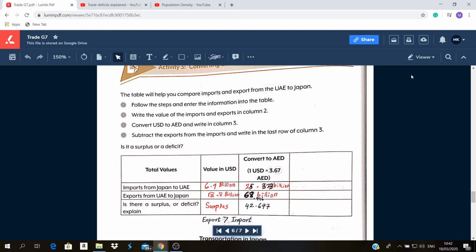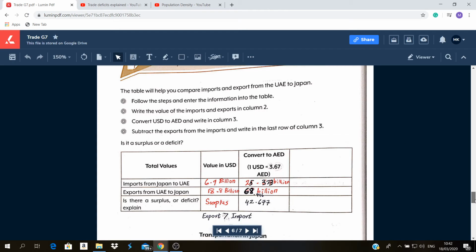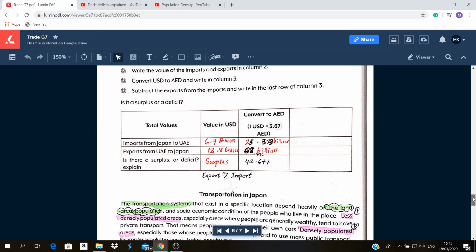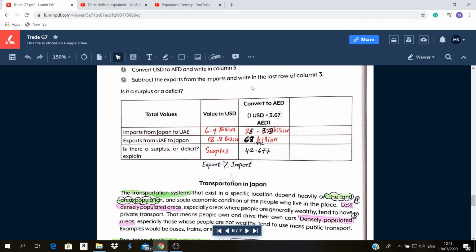Okay, now they are explaining for us how to calculate the total value of the exports and imports and how to know if the country has a deficit or a surplus economy. Next time, inshallah, we're going to answer this question and then we're going to complete our lesson.